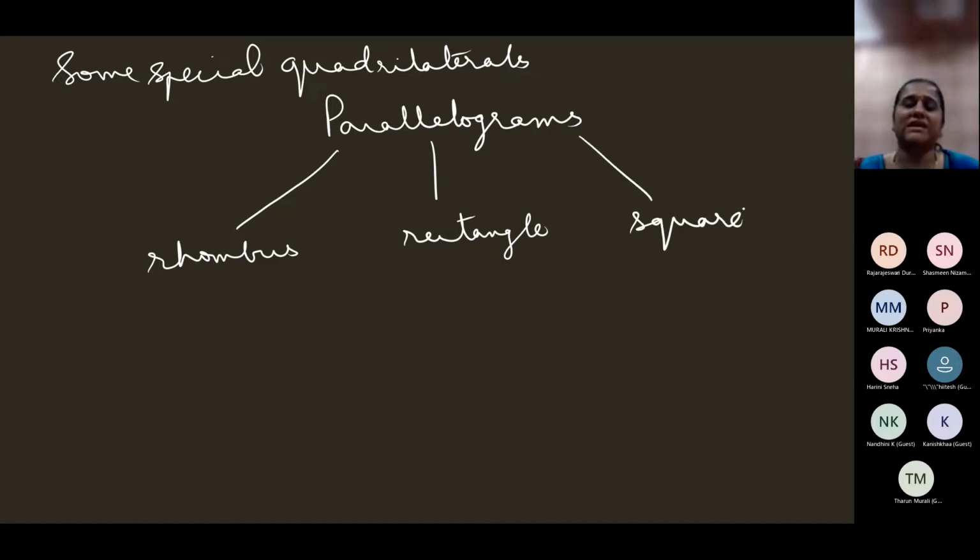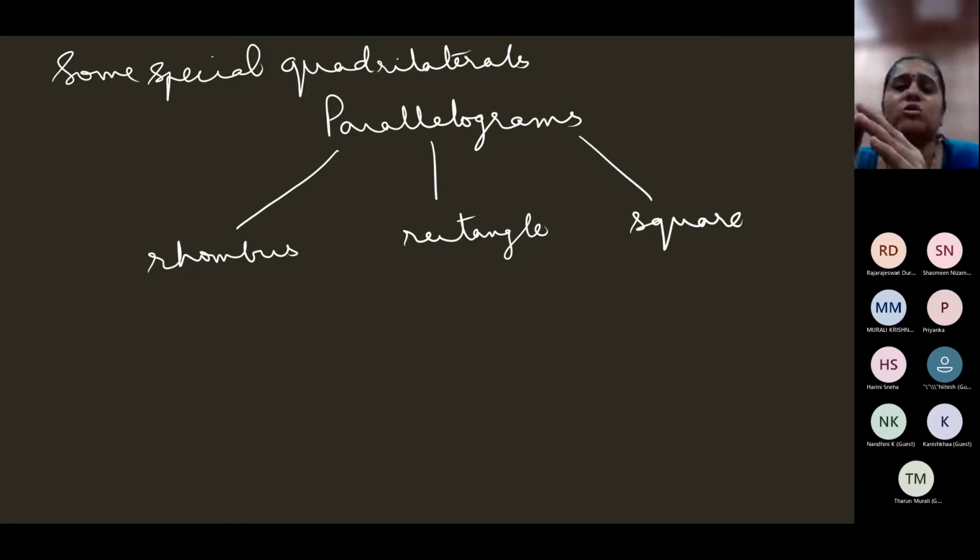So parallelogram is like the parent. And so the quadrilaterals which emerge from the parallelogram are the rhombus, rectangle, and square. So rhombus is a parallelogram, rectangle is a parallelogram, square is a parallelogram.